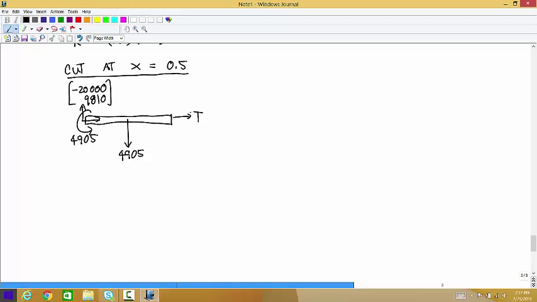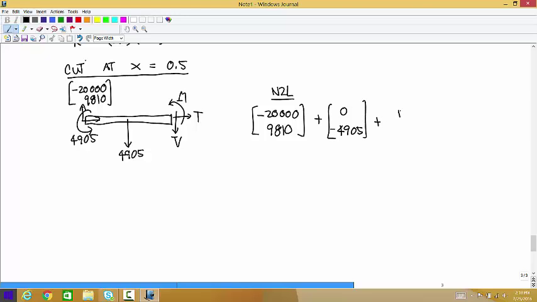And then we have T, V, M. So Newton's second law says negative 20,000, positive 9810, plus 0, negative 4905, plus T, negative V is zero.